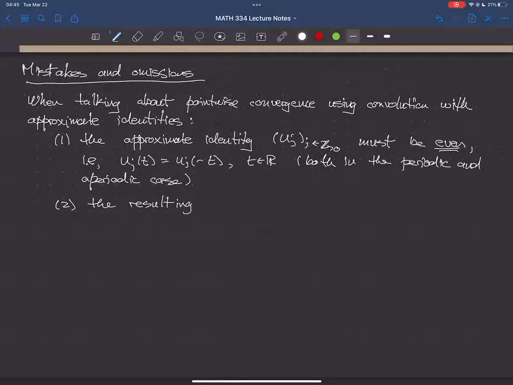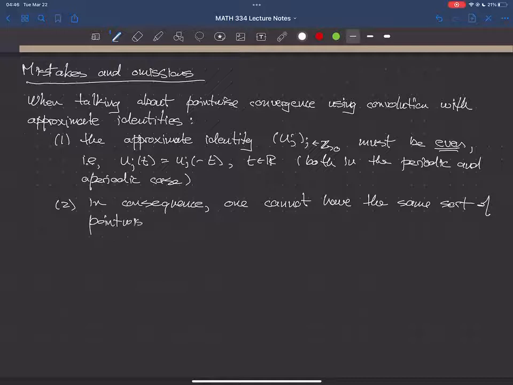So let me say it this way. In consequence, one cannot have the same sort of pointwise convergence results.